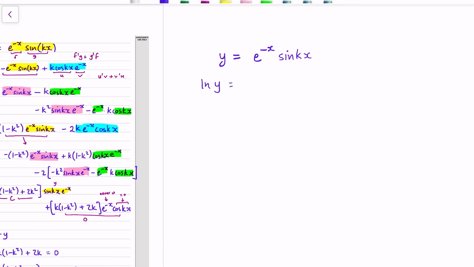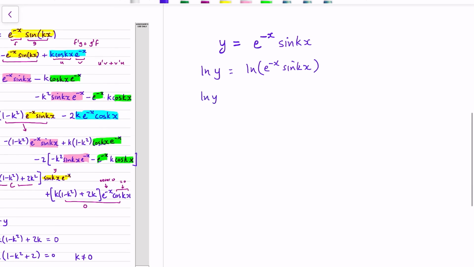So if we log both sides using the natural log, we can turn the product into a sum. So log of y simplifies to ln of e to the minus x, which is minus x, plus ln of sine of kx.